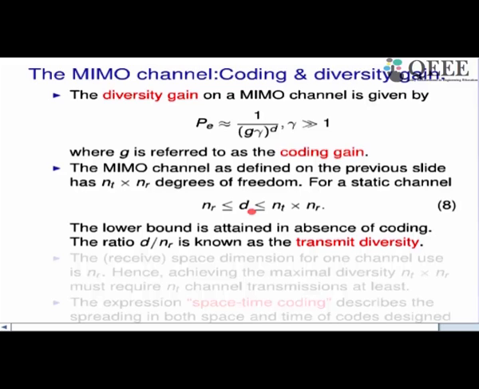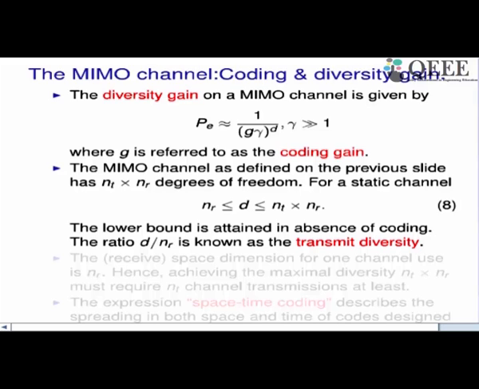So yeah. For a MIMO channel, this is an important point to remember. The diversity order will be between NR and NT, NR. In addition, there is a second term that I am introducing here, the ratio D by NR.